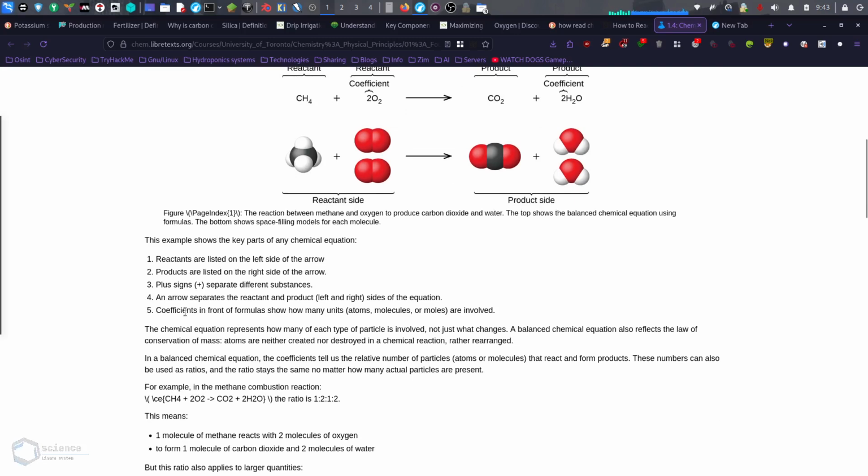Interesting. In a balanced chemical equation, the coefficients tell us the relative number of particles, how many atoms or molecules react and form products. These numbers can also be used as ratios, and the ratio stays the same.